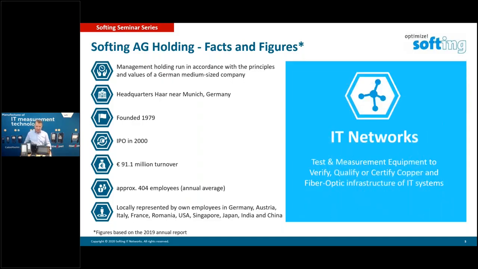IT Networks is a brand new division. We were bought five years ago. Formerly it had the name Cyber Data. Maybe somebody will recognize this name. We are focused on test and measurement equipment for local area networks. So everything in the house, what you have to measure in the house for computer networks or cabling infrastructure, we offer handheld products for that.